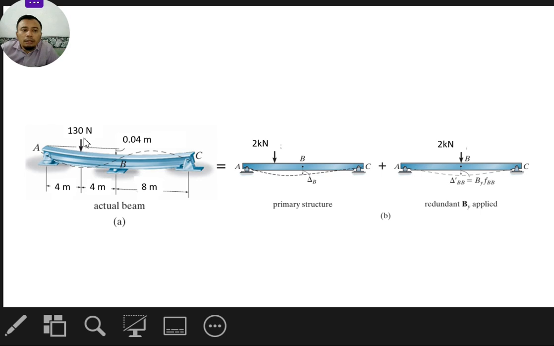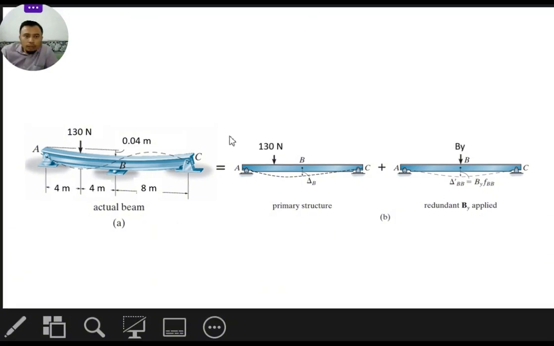The roller is being replaced with the force. So as you can see here, the actual beam is here. Then your primary structure is here, where you retain the actual force, 130 Newton, acting at 4 meter from A. Then there's a deflection of delta B due to this force.